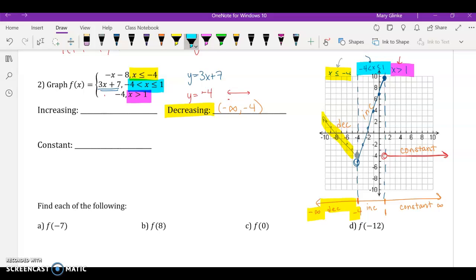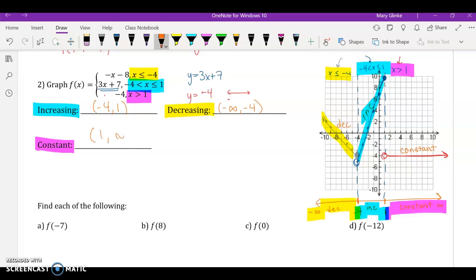Everything for increasing was this middle interval, so that's going to start at -4 and go to 1. And our last interval was our constant interval. It starts when x is 1 and goes to the right forever.